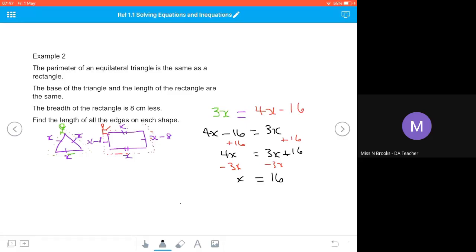Now, remember, you need to answer the question, and it asks you to find the length of all the edges on each shape. So you can either write down the length of this is 16, or you can just redraw your sketches and write the lengths on instead of our letters. So I know that all the sides on my equilateral triangle are 16 centimeters.